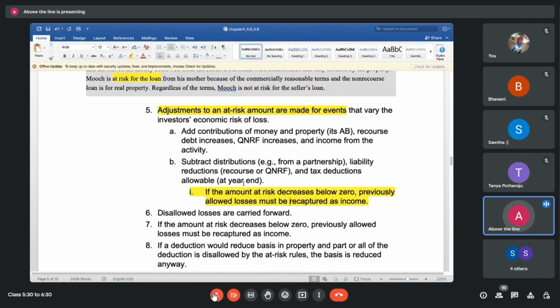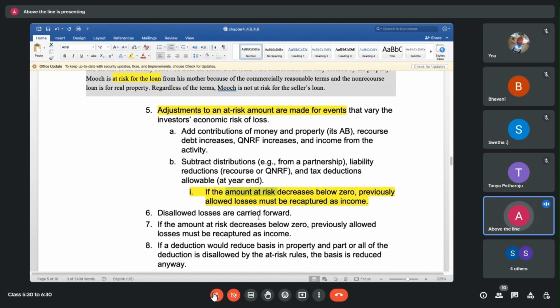If the amount at risk decreases below zero, previously allowed losses must be recaptured as income. So what it is saying is, if your basis is becoming zero, your at risk is becoming zero. Now all these calculations we don't have to do manually. This is all done by our softwares. But we need to understand, this is more important from a tax planning perspective.